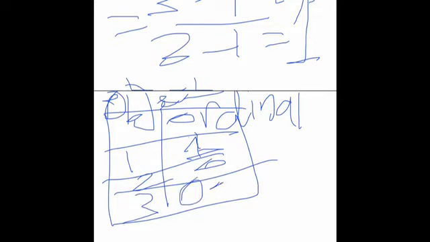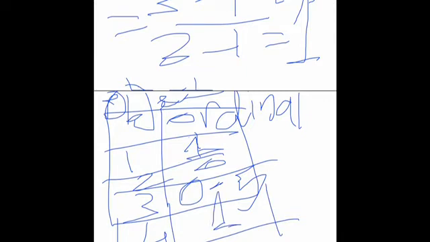Ordinal attribute of 1, then we will get 1, first excellent. The ordinal attribute of 2, then we will get 0. Ordinal attribute of 3, then we will get 0.5. Ordinal attribute of 4, then we will get 1.